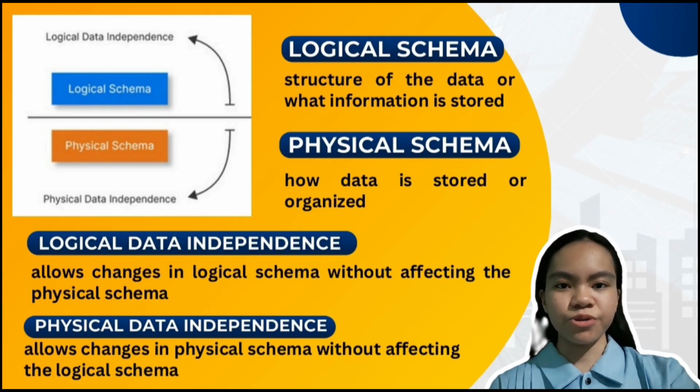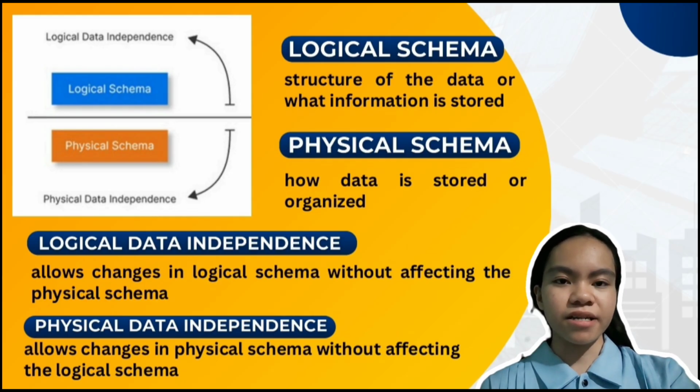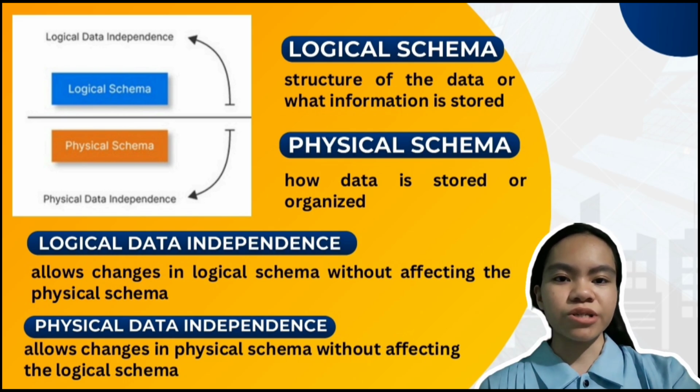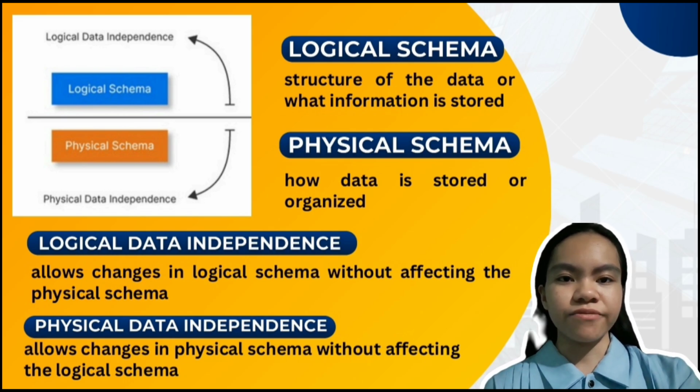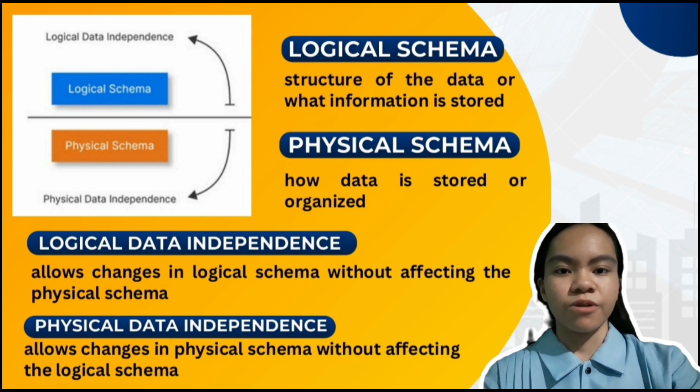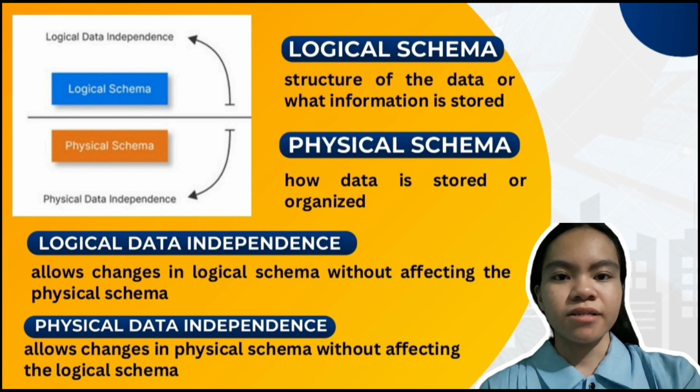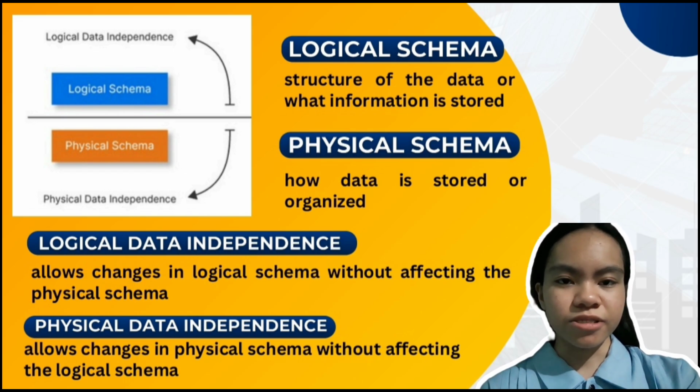In the figure shown, we can see the concept of data independence. The logical schema refers to the structure of the data or the stored information, while the physical schema refers to how data is stored. When we say a database has logical data independence, it means that we can change the logical schema, such as adding new fields or tables.